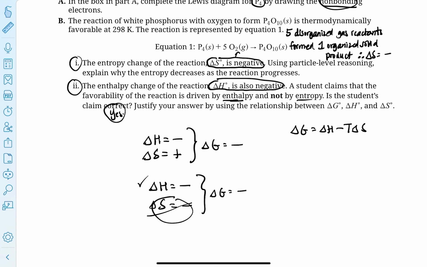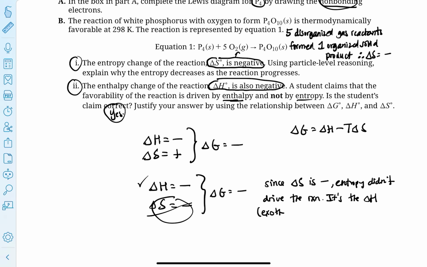So that's basically the reasoning that since delta S is negative, entropy didn't drive the reaction. It's the enthalpy component that did that, okay? It's the delta H exothermic that allowed the reaction to be spontaneous.